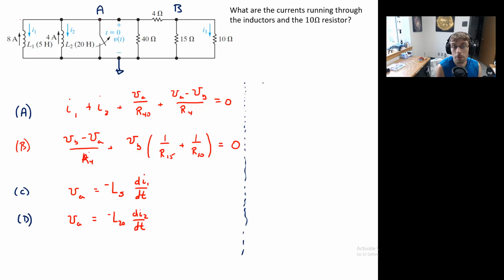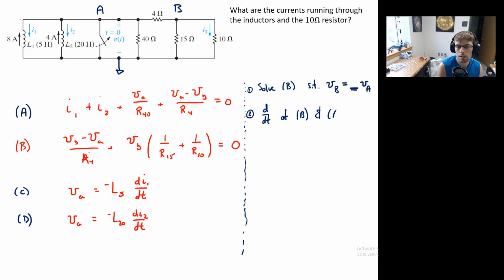Okay. So we have a couple of different things we need to do. Number one, I am going to solve B so that we have an expression relating VB to VA. Okay. And I've just underlined there'll be some sort of constant of proportionality there. The next thing that we're going to need to do is I am going to take time derivatives of both equation B and equation A. Hopefully you can see why that is.